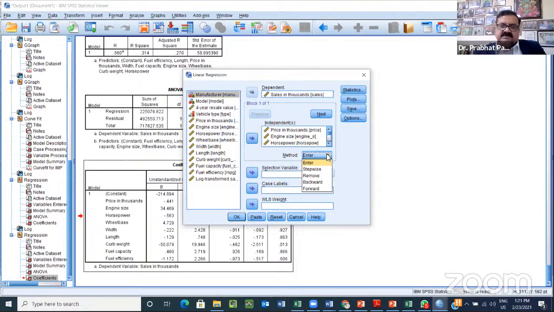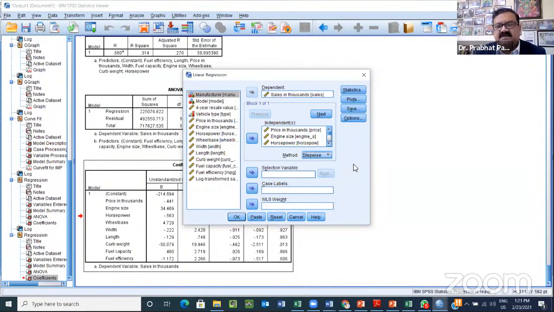So we change the OLS method. There are many methods like stepwise regression, and other ways like backward and forward regression. The most popular is the stepwise. So I have clicked the stepwise method and changed the method from simple regression to stepwise regression.